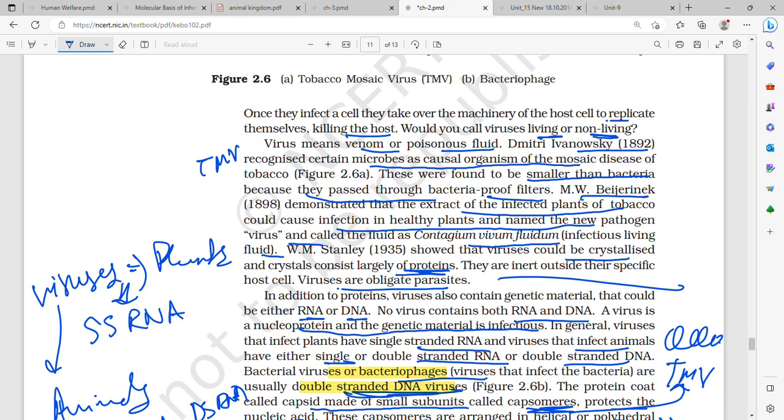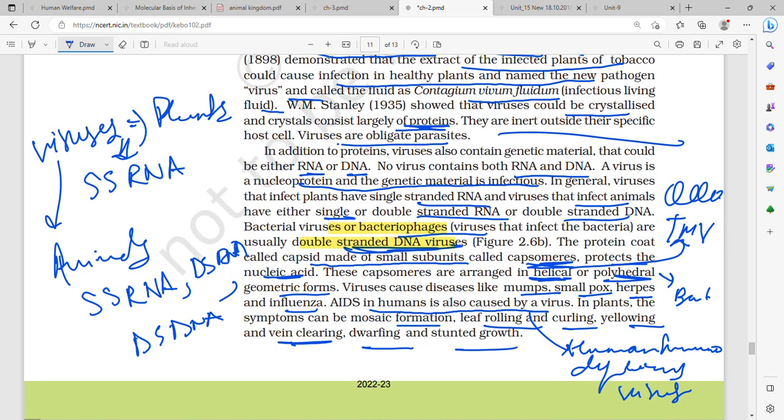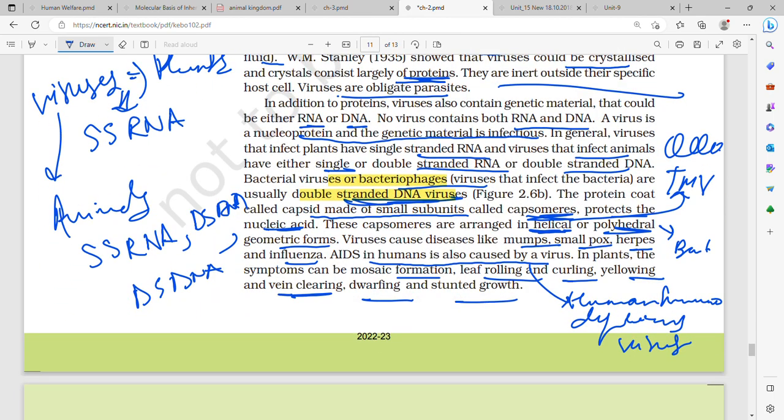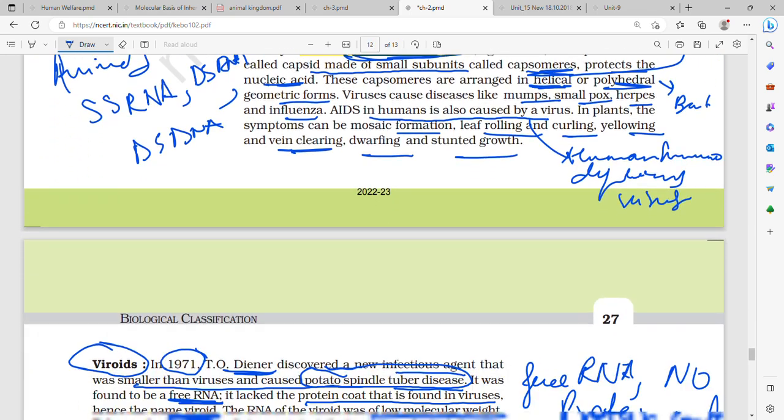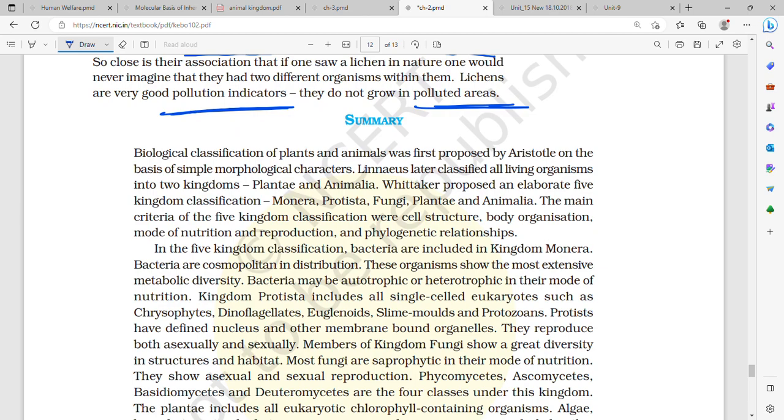Then W. M. Stanley in 1935 crystallized the virus and showed its crystalline form. They largely consist of proteins and are inert outside. Diener in 1971 discovered viroids, which caused potato spindle tuber disease. That's it. Thank you so much.